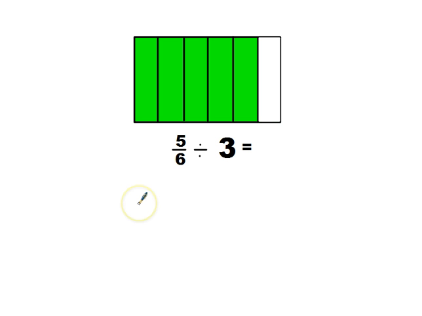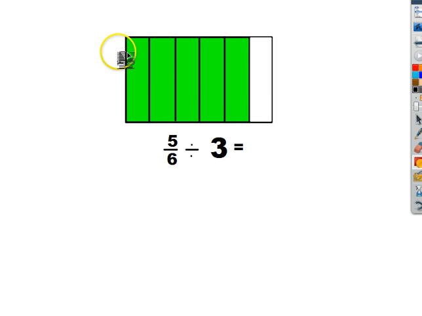All right, so my next example in my notebook is 5/6 divided by 3. And if you take a look, you'll see that we've already got 5/6. We just need to divide it by 3. So let's draw a line. I'm going to ballpark a third right about there. Okay, and then our second one. So we have taken 5/6 and divided it by 3. I already know what my numerator is going to be.